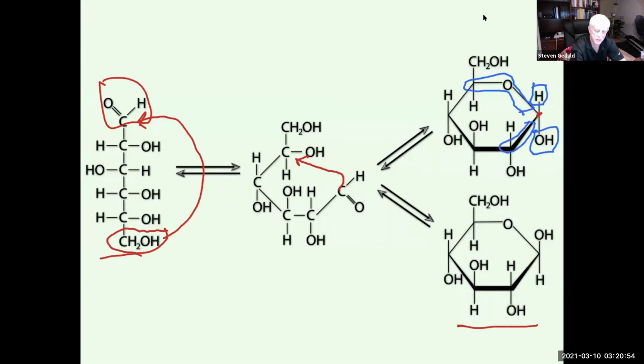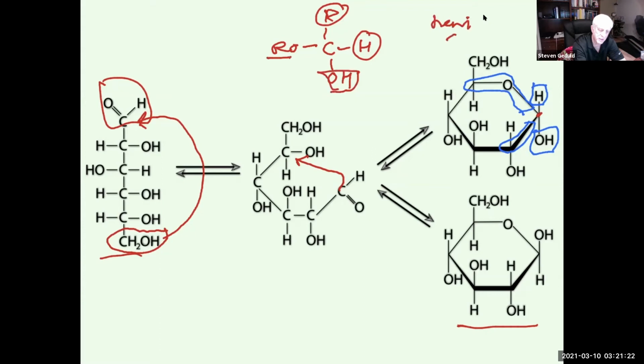Attached to that, where that red carbon is, that carbon has an H, an OH, an OR, and an R group. So that's really familiar now. Here's your R and your H, and your OR and OH. So it's a hemiacetal.